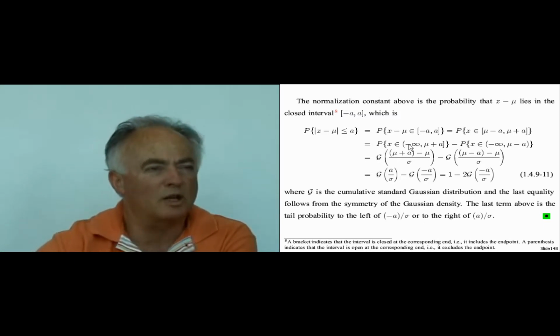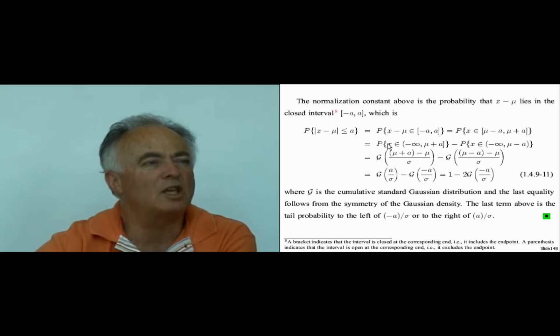Now, what this allows us is to write each of these using the cumulative standard Gaussian distribution, script capital G, with argument mu plus a here, minus the mean, because the mean of x is mu, I have to subtract it, and this is the upper limit of my interval.